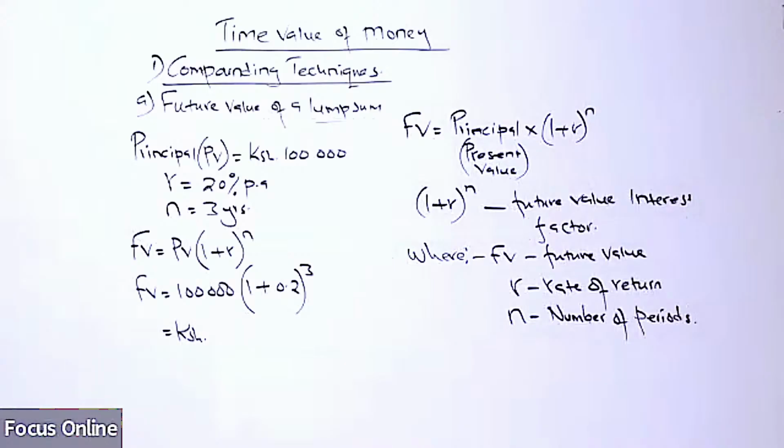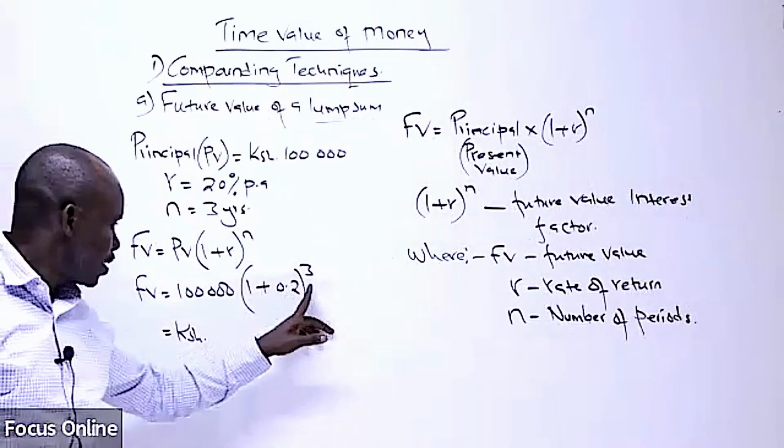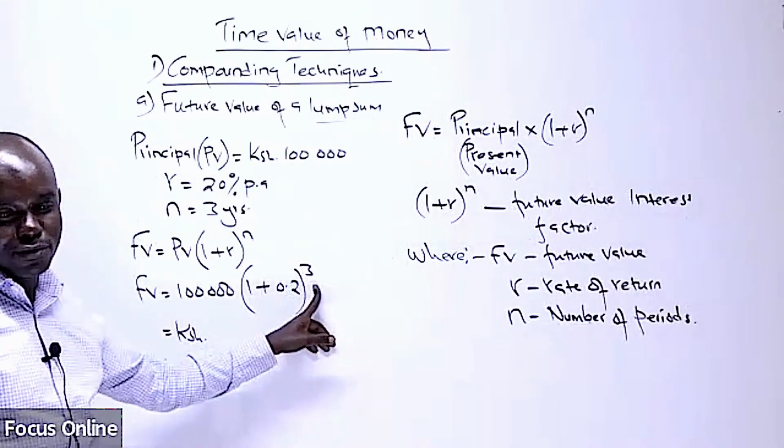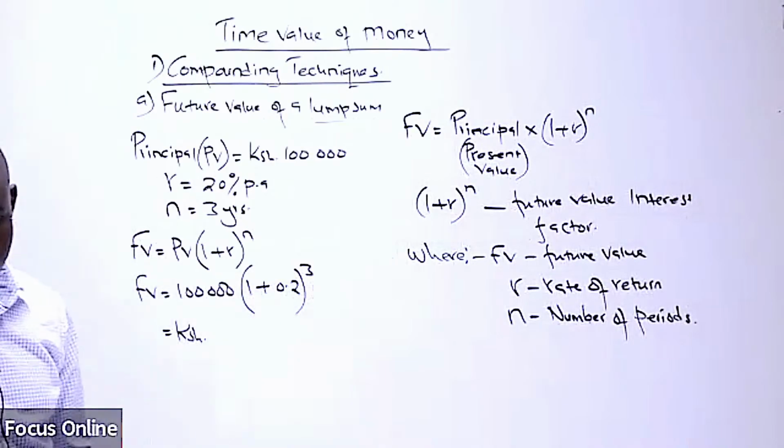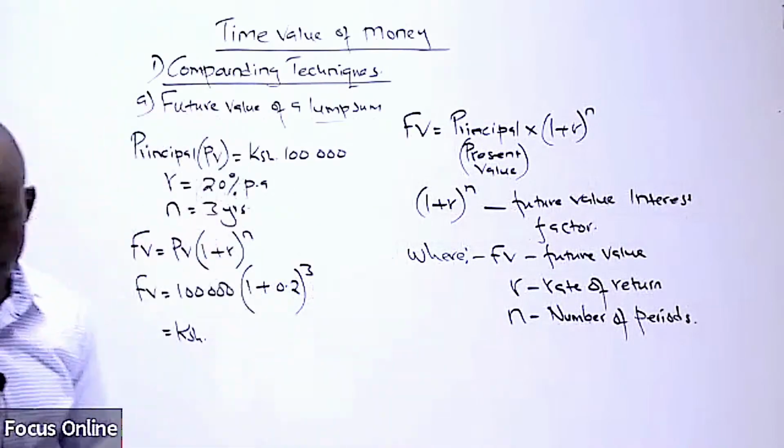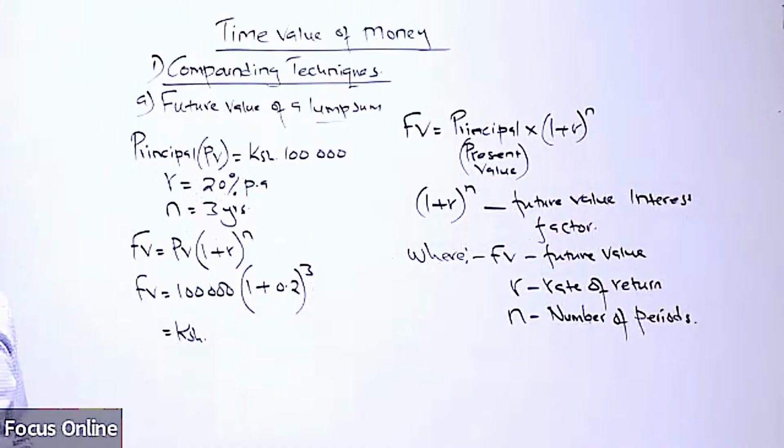You must know how to put this power 3 in calculators. Anyone who doesn't know will be assisted. For example, we have two answers here: 172,800 and 106,120.